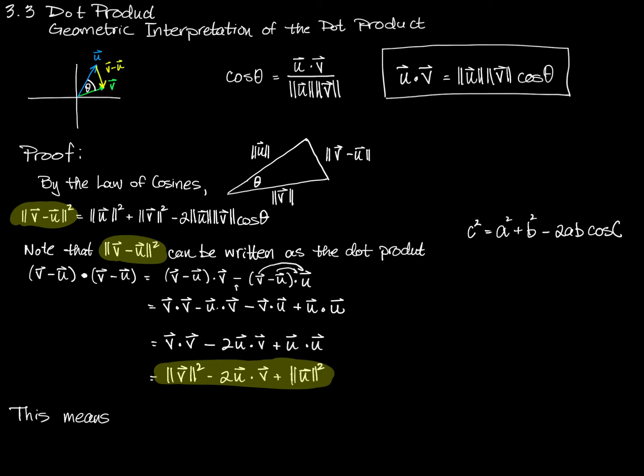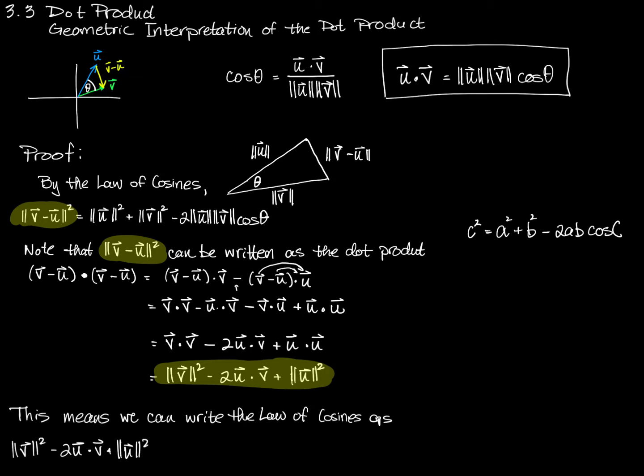This means we can write the law of cosines as magnitude v squared minus 2u dot v plus magnitude u squared.